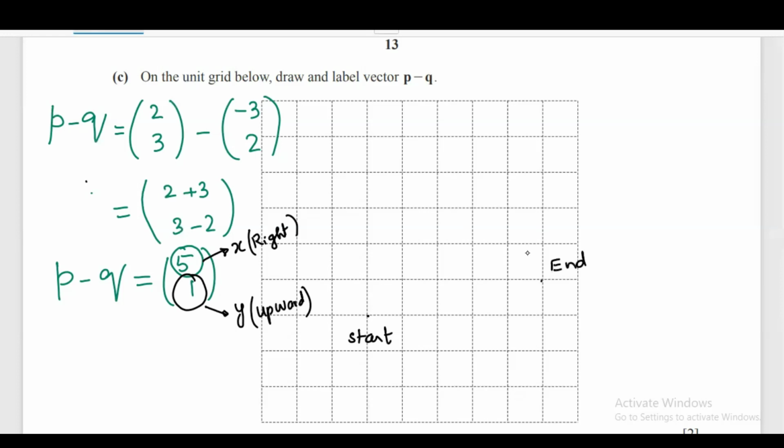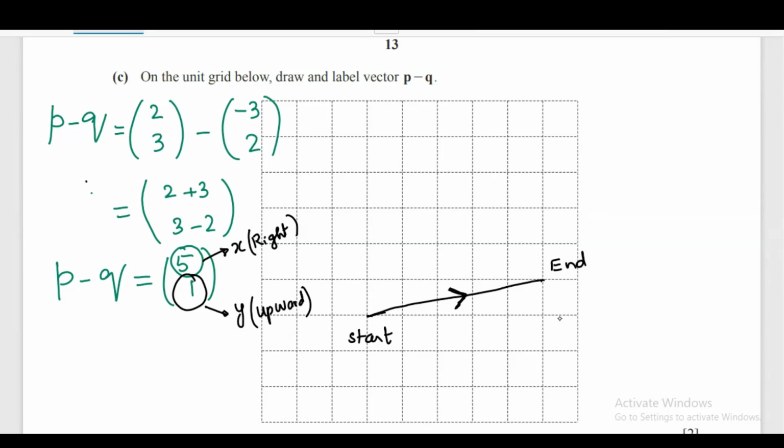Now join the starting point and ending point. But in this working, you will not get full marks because the arrow is missing here. So remember the direction of the arrow is towards the end point. Put it at the center or at the end of this line.